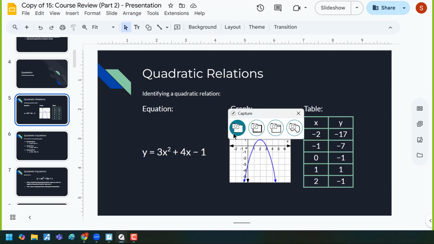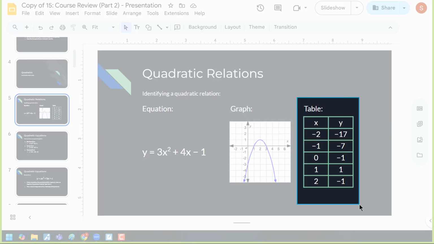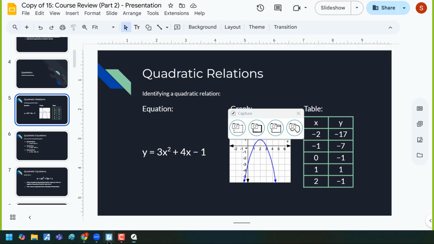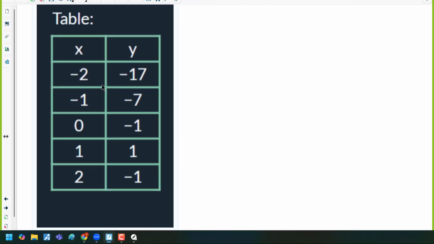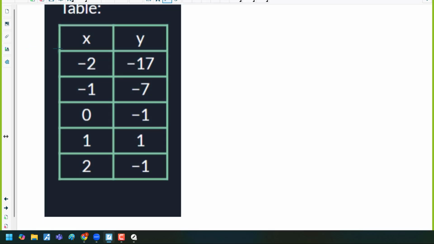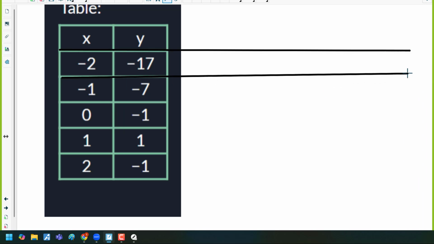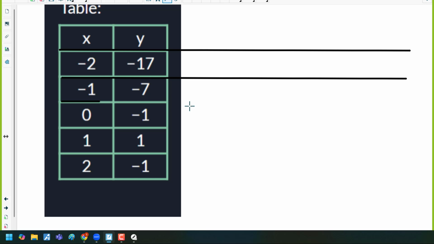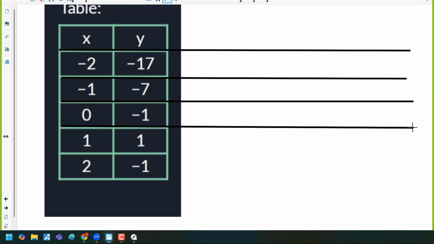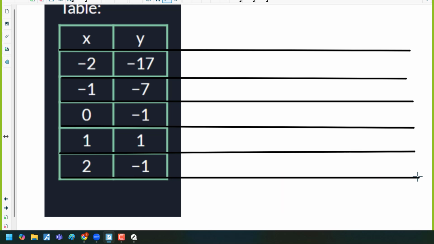Here, let me show you an example of that. I'm going to do first differences and second differences. We've done this a few times now throughout this course. Hopefully you remember, and you should have done this in grade 9, you do first differences, and in grade 10 you do second differences.